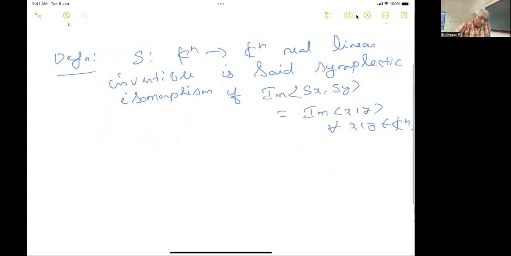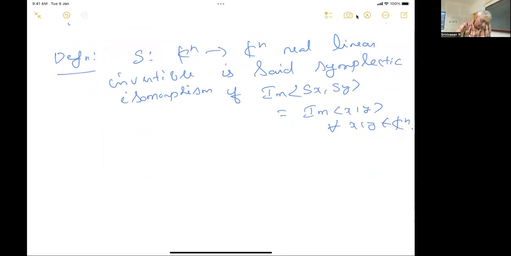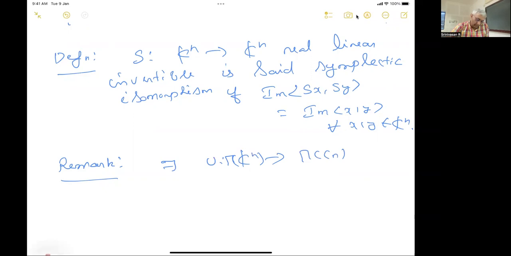So the observation is, as I said, for W of alpha there exists a unitary operator U from Gamma of Cn to Gamma of Cn, unitary, such that U W of alpha U star equals W of S alpha.